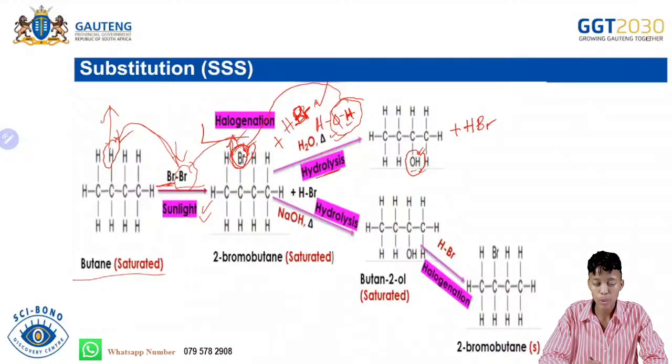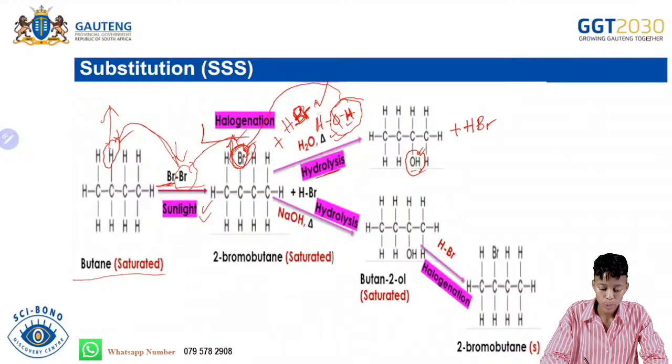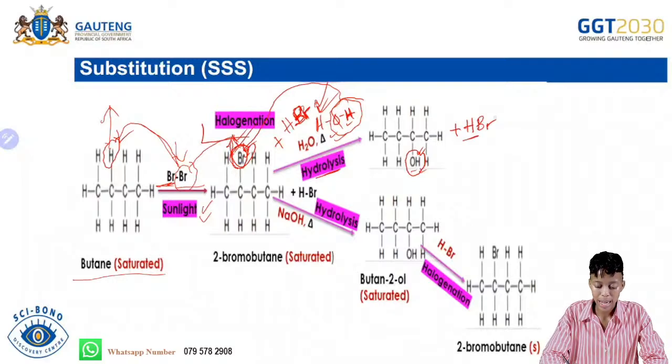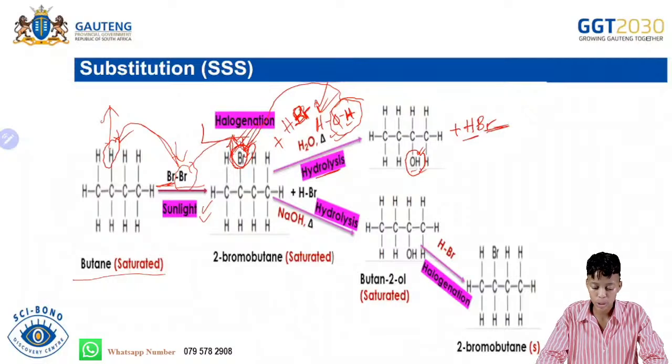Okay. So going back to this one here, we said that the bromine was substituted with what? With the OH. And from the water, what is it that you were left with? You were left with the H, which is your hydrogen, and you were also left with your Br, which you removed when you were substituting. So in this case, you are going to have two products.